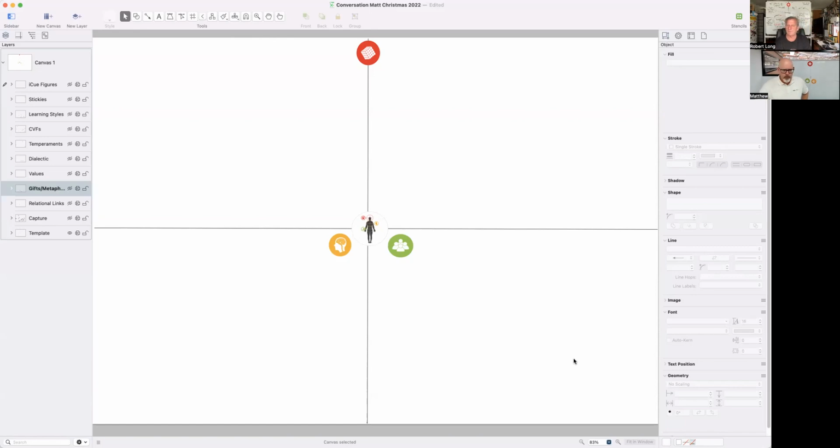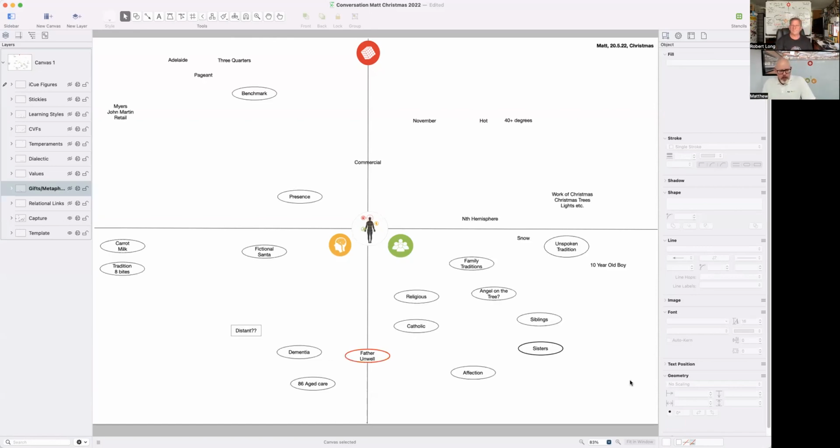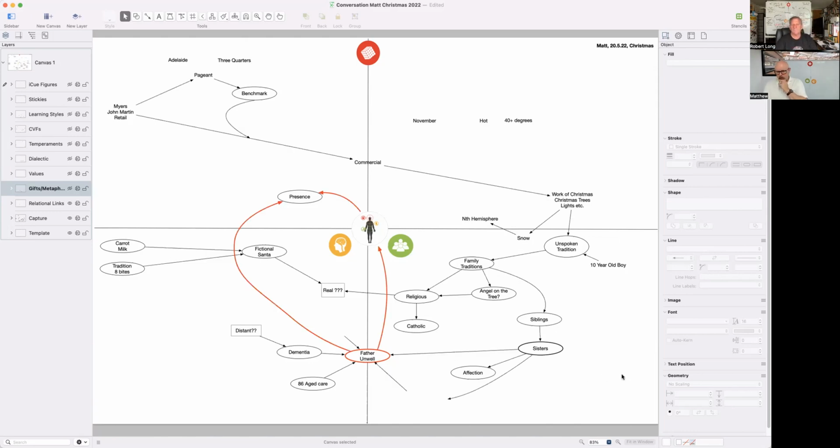And what I've done is I've simply transferred this to this whiteboard online, and what's on the screen is exactly what's on the screen there. It's just a collection of words which we captured. So we just call this the capture stage. When we start drawing relational links between each one, you can see why this method works so well.